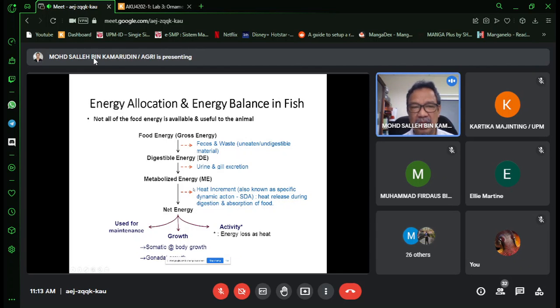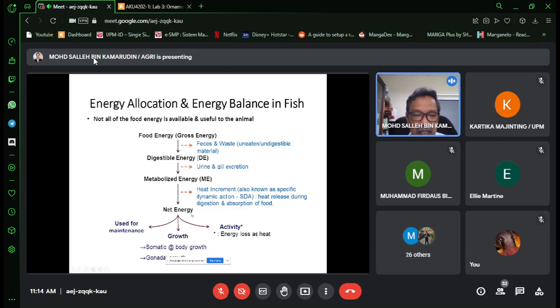Ni kalau especially dengan animal biasalah, dia jaga body ni, dia akan hilang di sini. Dan heat release during digestion and absorption, ini akan berlaku juga. Gunaan tenaga, barulah dia dapat net energy.